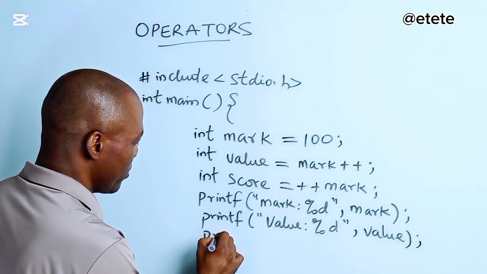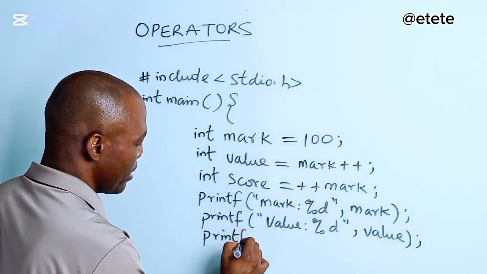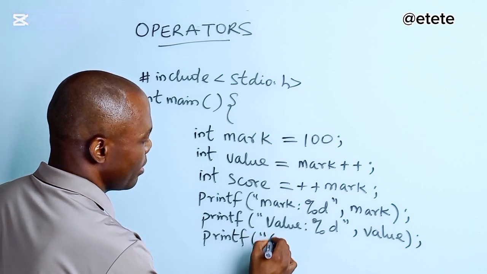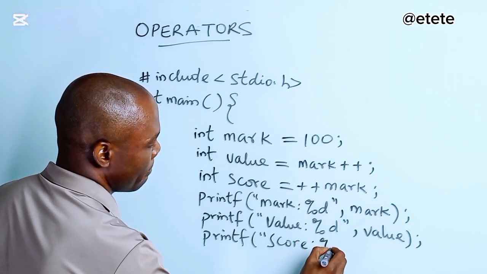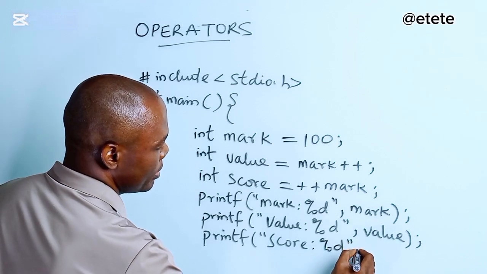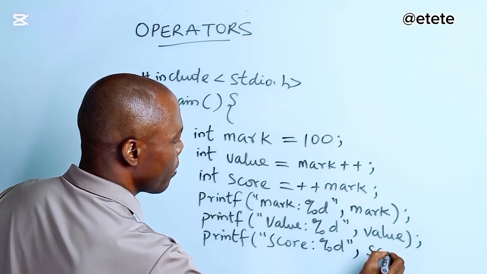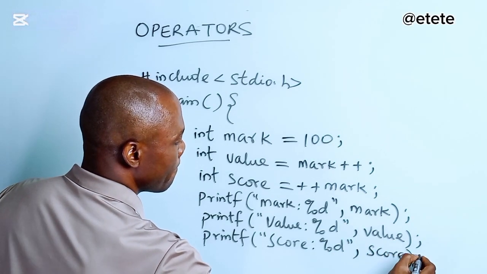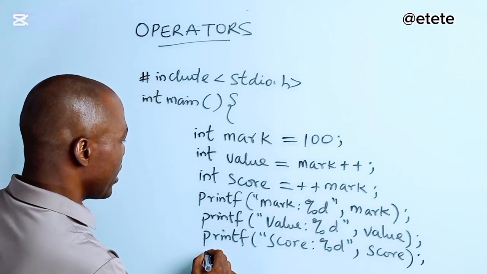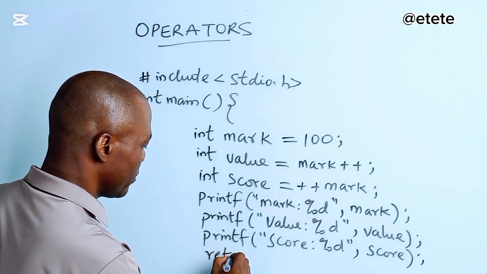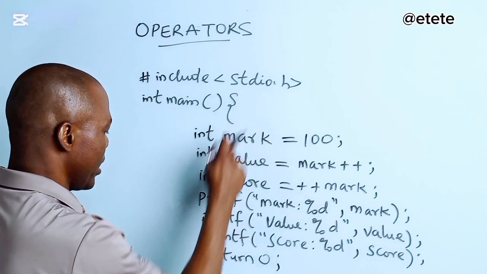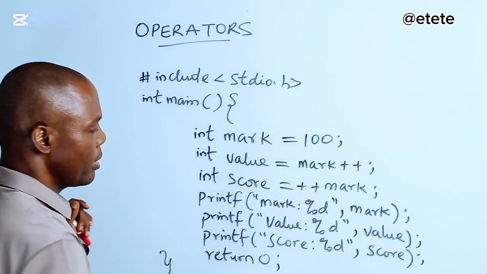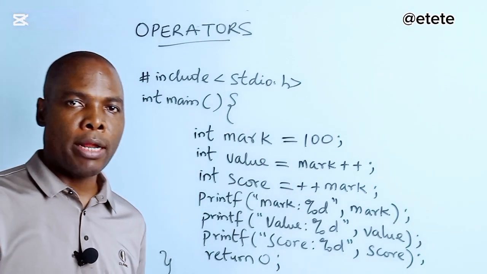And then here I will say printf score, and I'll say score. Then here I will say return 0. I will close this, then I will close this. Right? Now, this is my program.